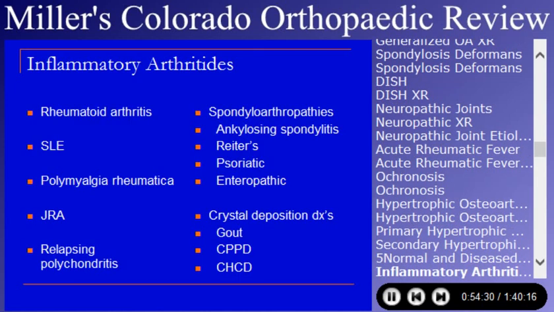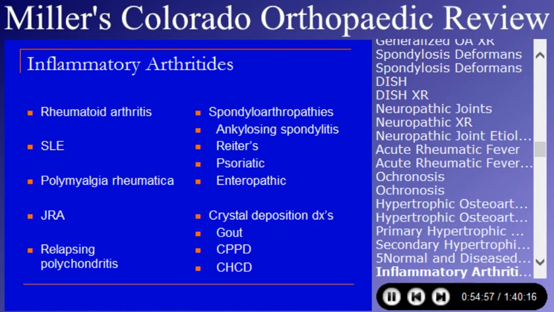Inflammatory arthritises. Again, this is something you're going to see on the test. There's going to be one or more questions on every test you ever take on the inflammatory arthritises. They include a number of things that are important to orthopedists. Rheumatoid arthritis, juvenile rheumatoid arthritis, the spondyloarthropathies, and gout especially.